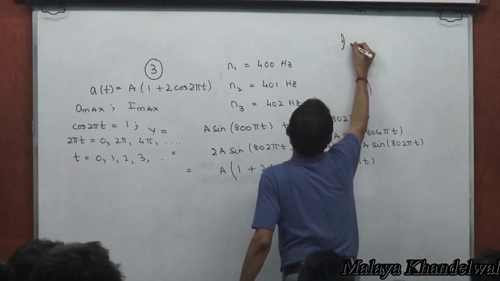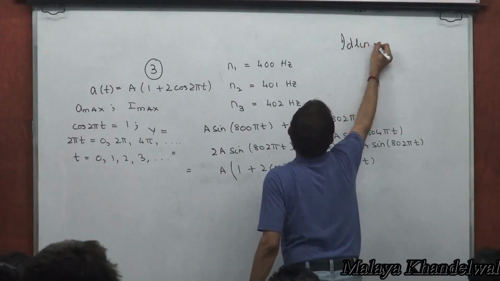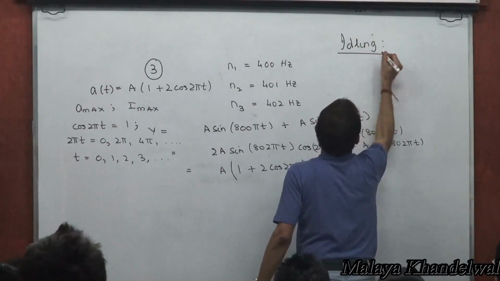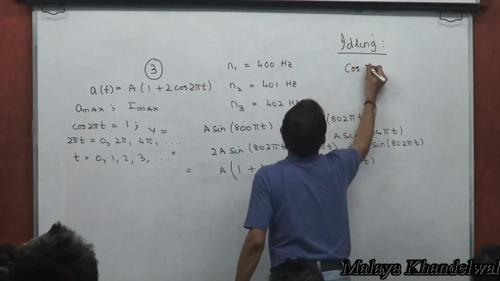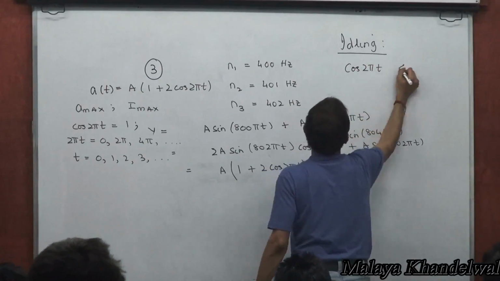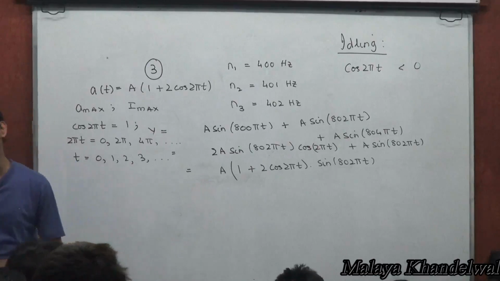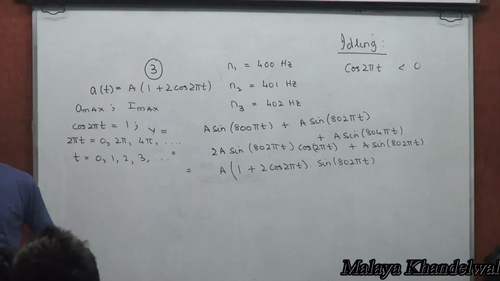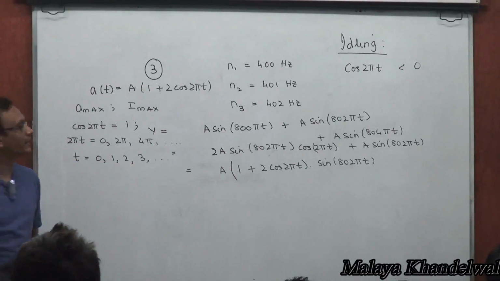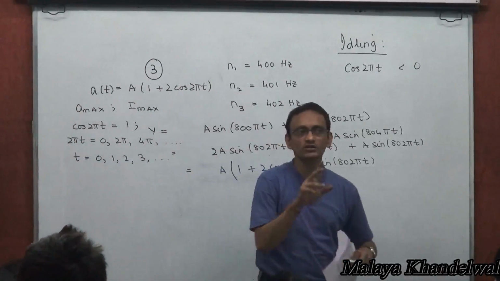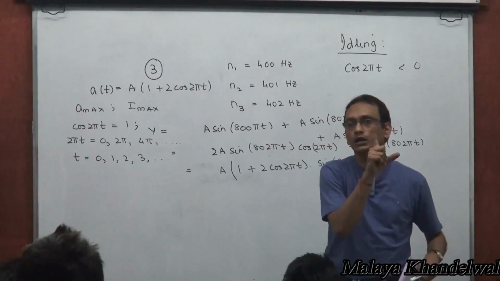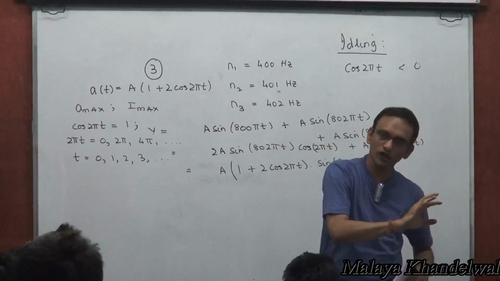So the idling period of the detector in 1 second occurs whenever cos 2 pi t is less than 0. Every time cos 2 pi t is less than 0, the detector will idle, right? Cos 2 pi t less than 0 means 2 pi t would belong to the second or the third quadrant.